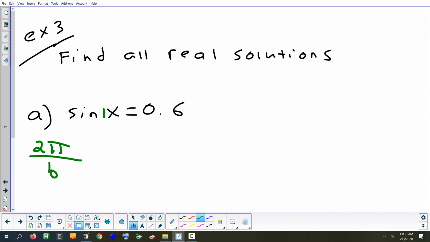So the formula is 2 pi over the number in front of x. Number in front of x here is a 1. You'll never see the 1 written like that. On a test, I'll always do it like that. Okay? So the period here is 2 pi. Keep that in mind.